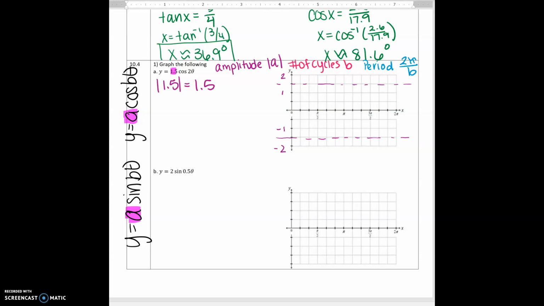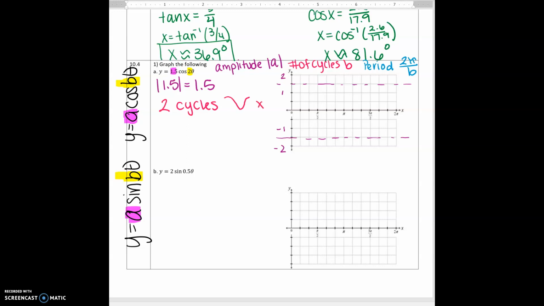Okay, number of cycles and period, you're looking at the B value, which is right there in front of the theta. So number of cycles is B, so there's 2 cycles, which means, remember, cosine starts up at 1, or in this case it's going to start at 1.5, goes down, and then back up.